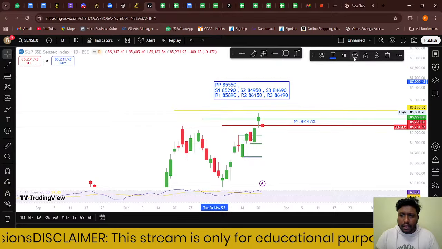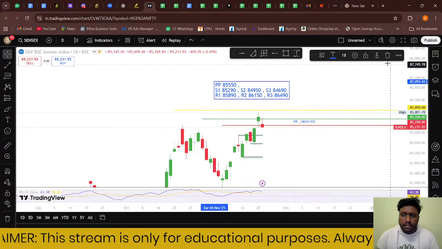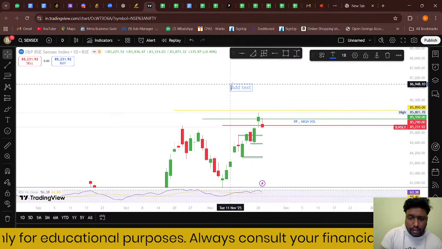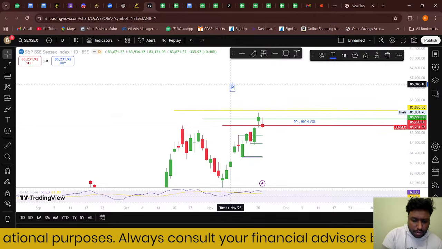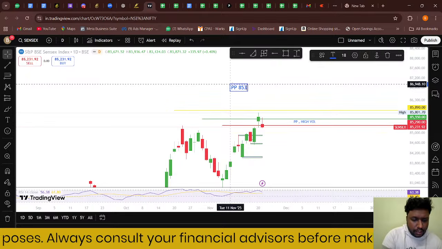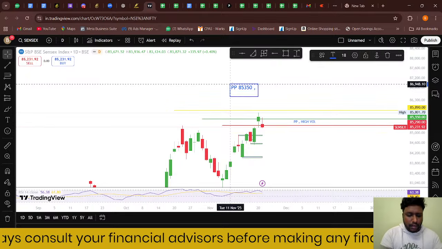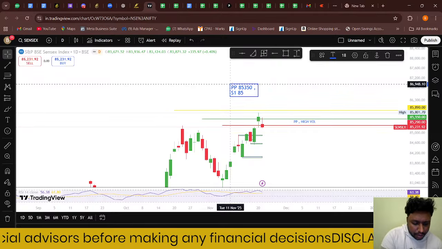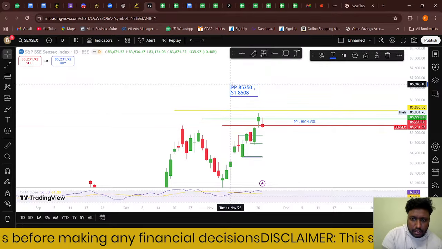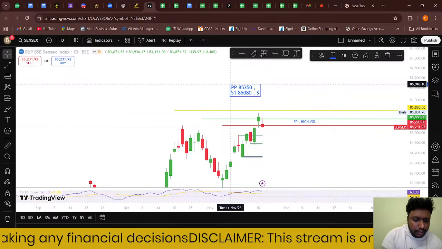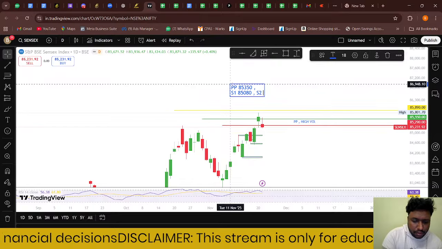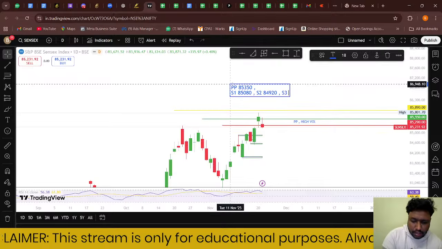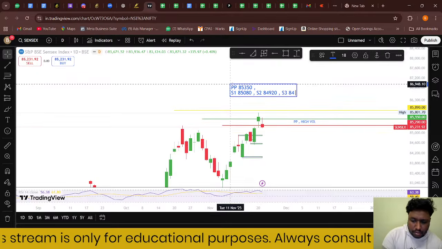For the day, the Sensex pivot point lies at 85,350, which is where the Sensex pivot line comes. With respect to that, support 1 lies at 85,080, support 2 at 84,920, and support 3 at 84,650.